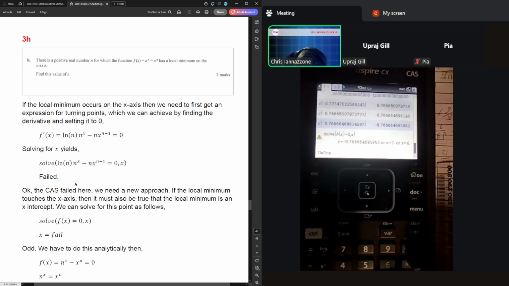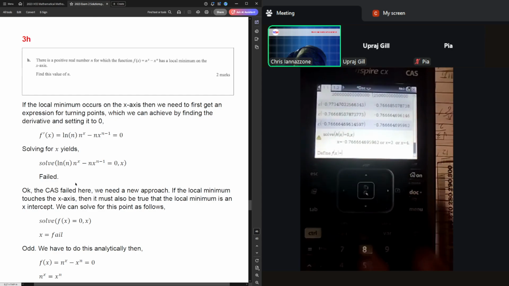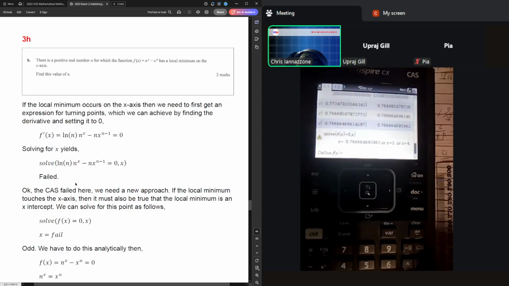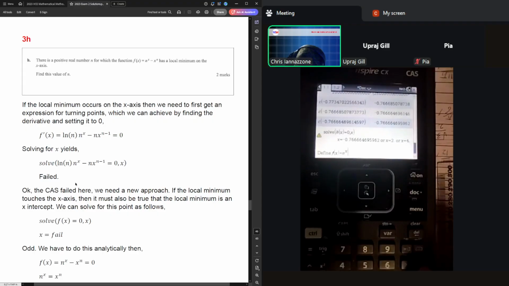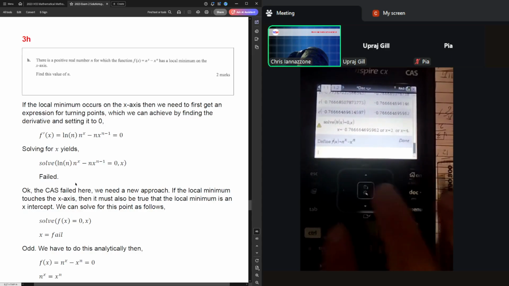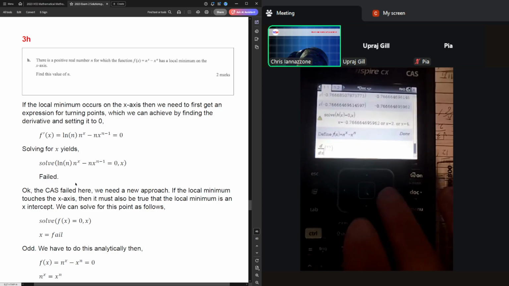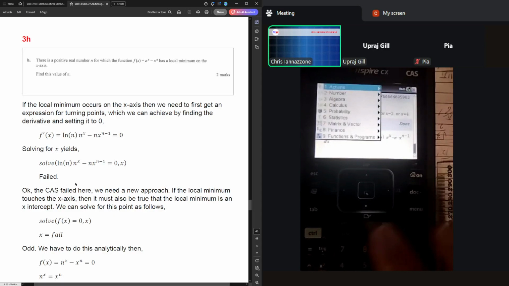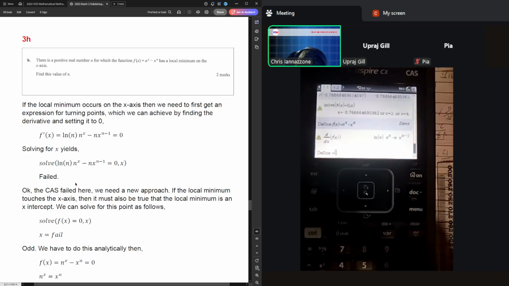New one, f of x is equal to n to the power of x minus x to the power of n. Just the regular derivative of it. Derivative of f, we'll call that, I don't know, v.